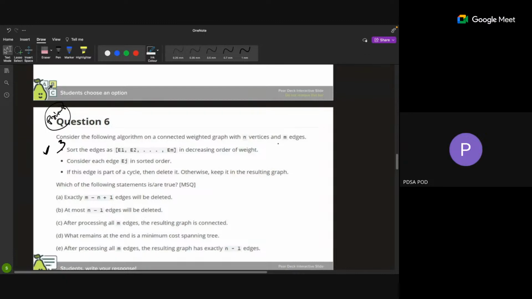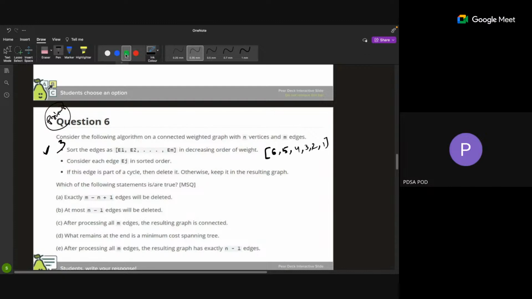Not increasing order, decreasing order. Maybe the edge weights, let us consider, are 6, 5, 4, 3, 2, something like this, because they are sorted in descending order. Consider Ej in the sorted order, that is edge j.